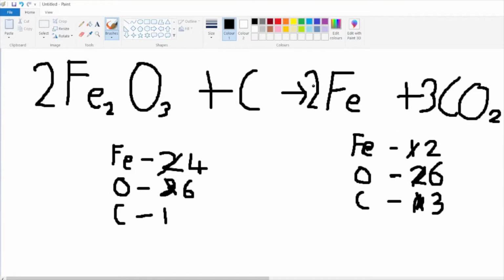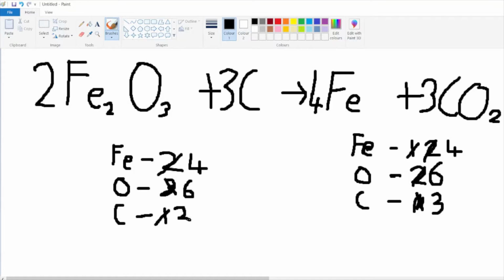Again, we've got to times this one by 2, which means putting a 4 there instead, so that we have 4 on both sides. So our ions and oxygens are balanced on 4 and 6. Our carbons are not. We've got 3 on this side, 1 on this side. 1 times 3 is 3. So what we're going to have to do is add 3 to this one to make it 3.